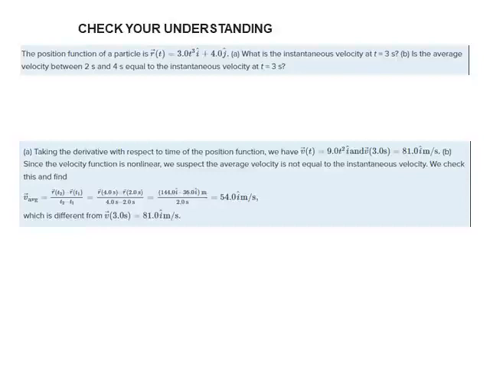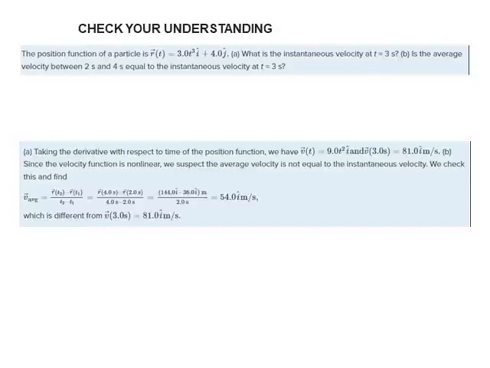And for part B, since the velocity function is non-linear, the average velocity is not equal to the instantaneous velocity, and hence V average is equal to the difference between the position vectors at times t2 and t1 divided by the time interval delta t.